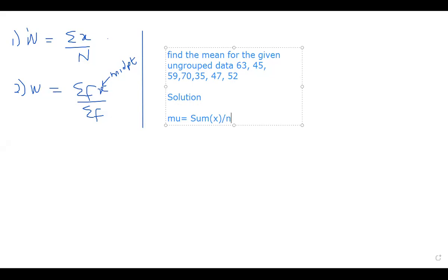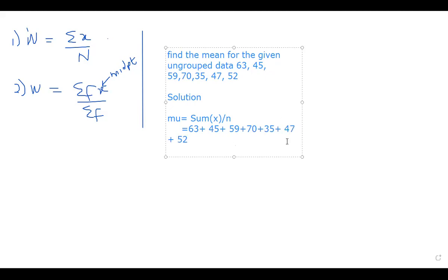So the sum of the data set will be 63 plus 45 plus 59 plus 70 plus 35 plus 47 plus 52.